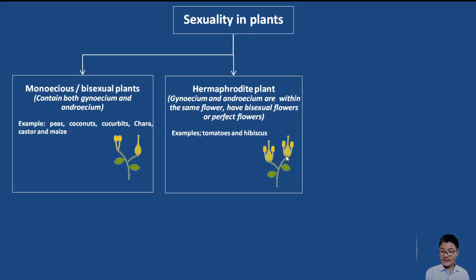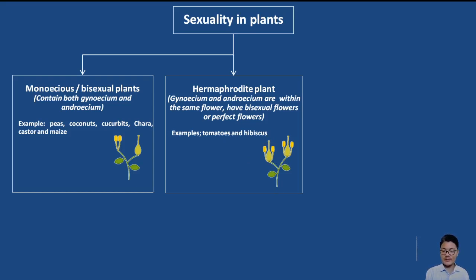So both the male and female reproductive organs are present within one flower, and likewise there are many such flowers together on a single plant. For example, we have tomatoes and hibiscus.